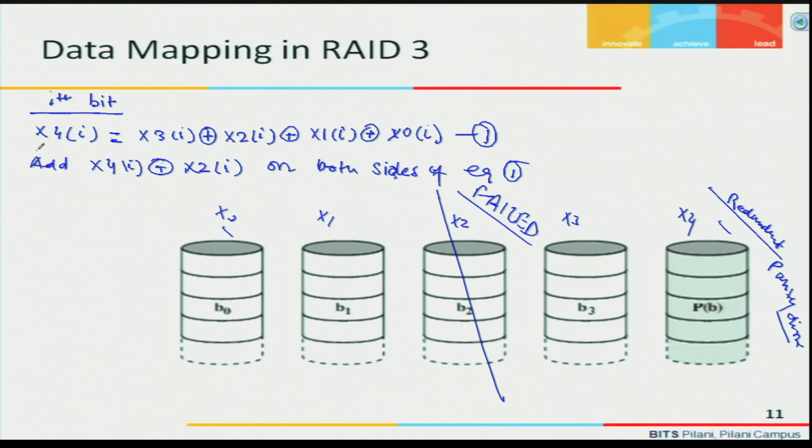I am not writing that step here: X4 i plus X4 i under XOR, the same bit, will nullify.